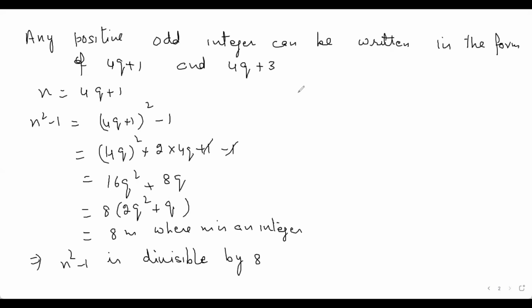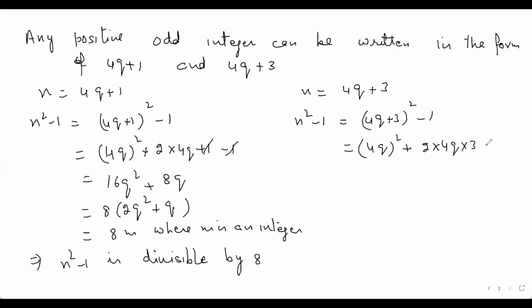Now, let me check it for 4q plus 3. If n is equal to 4q plus 3, then n square minus 1 is 4q plus 3 whole square minus 1. It means 4q whole square plus 2 into 4q into 3 plus 3 whole square minus 1.